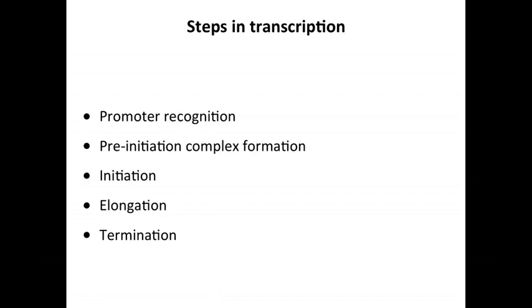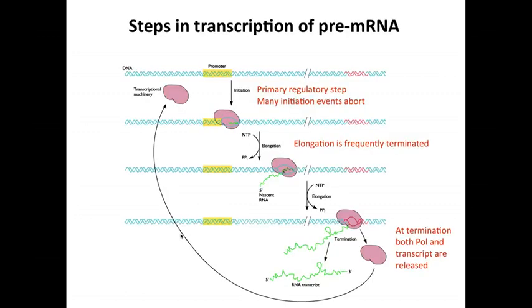Here are the steps in transcription, much like the steps in DNA replication. Promoter recognition, pre-initiation complex formation, initiation of transcription, elongation, and termination. And we'll talk about each of these in turn. So we start again with a double-stranded DNA template shown at the top here. There is a specific sequence where initiation begins. It's called a promoter.